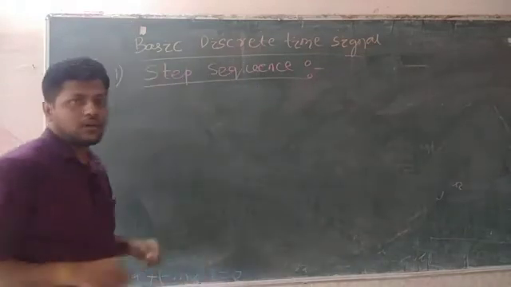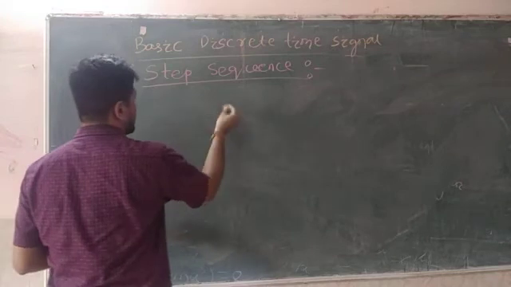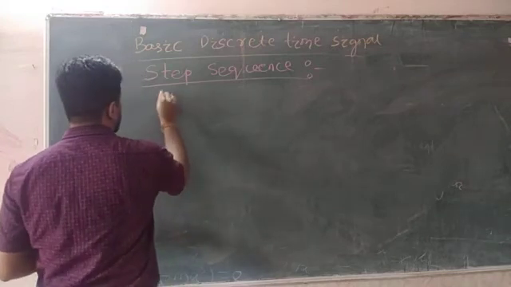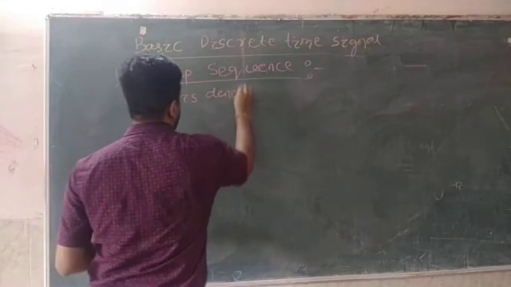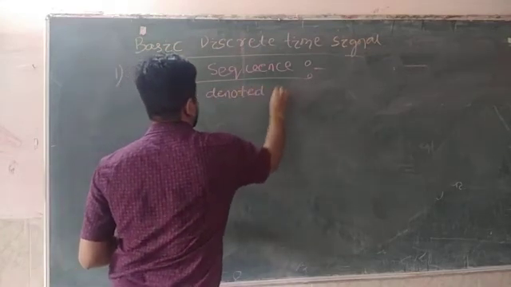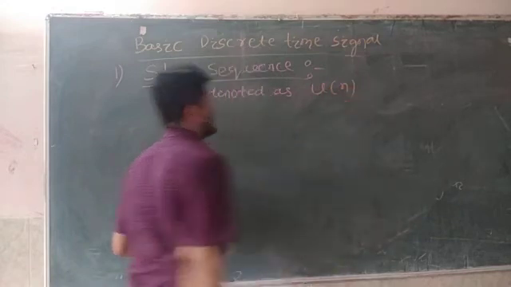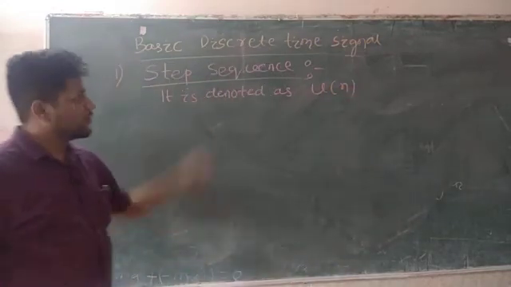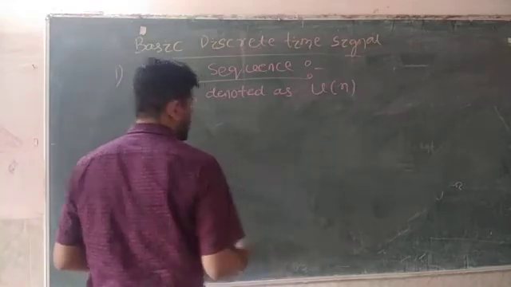First of all, how do we denote this step signal? This step sequence is denoted as U of n. Then how do we draw this?